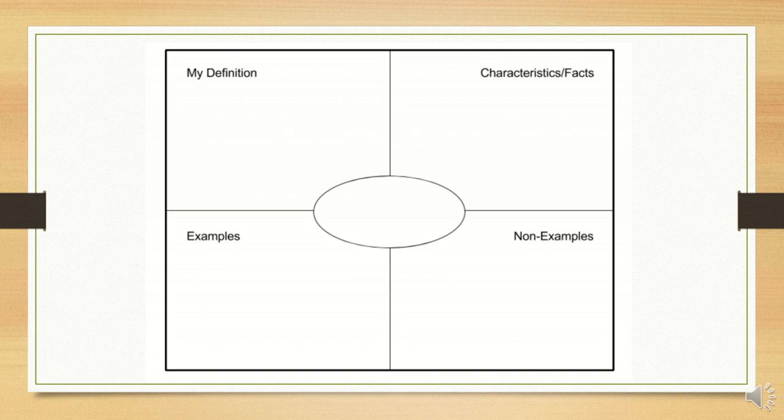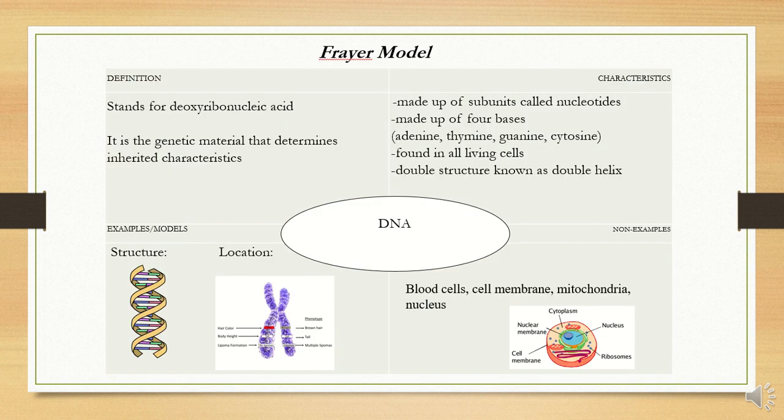Next, I'm going to show you within middle school content what this would look like. So using science content between the 6th and 8th grade level, a main topic in many textbooks is DNA. And to understand that chapter, it would be very beneficial for the students while reading to create a Frayer model of what is DNA and what it is not.